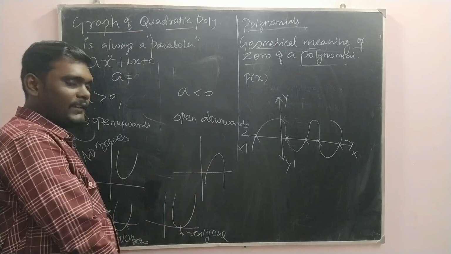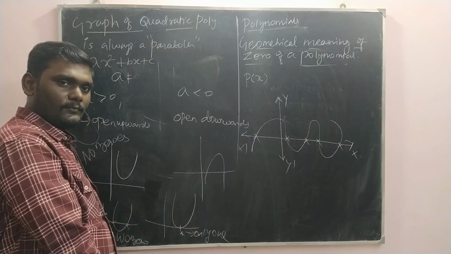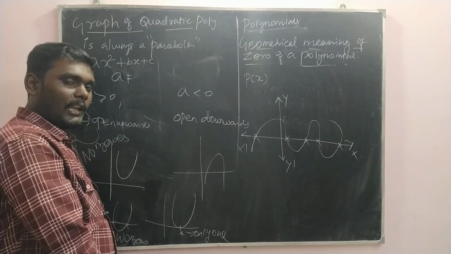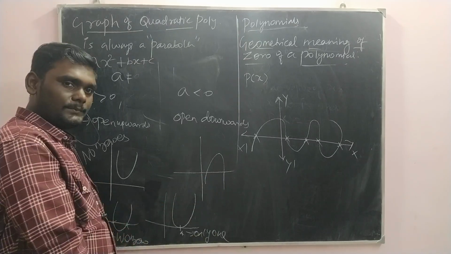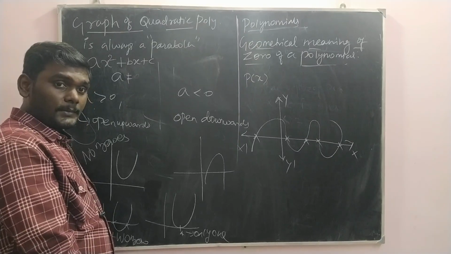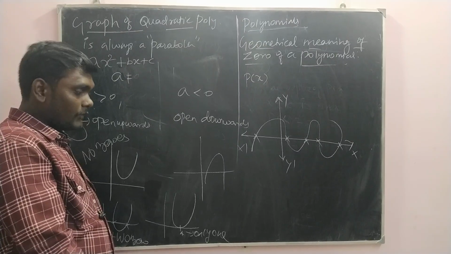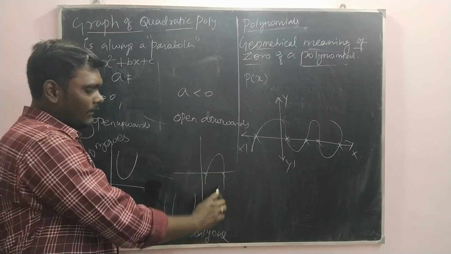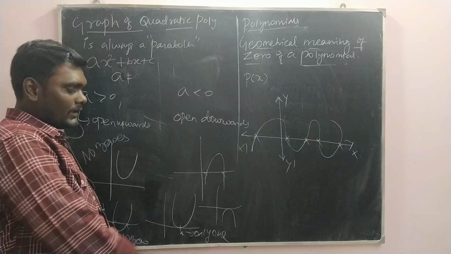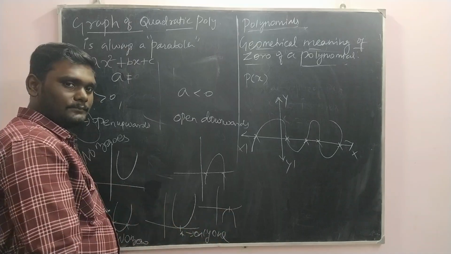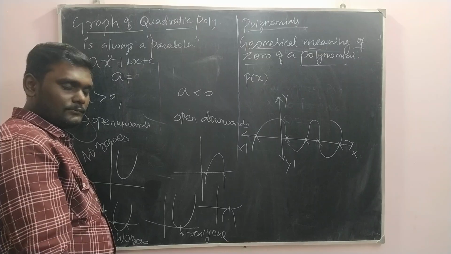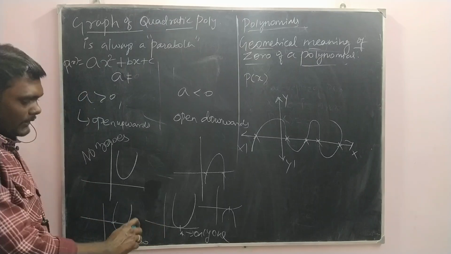How many zeros does this graph have? 2 zeros. Good. Likewise, in the other scenario, it may touch the x-axis at exactly 1 point, either on this side or this side, wherever it may be. See, like this is also possible.